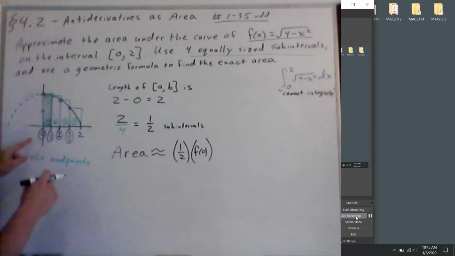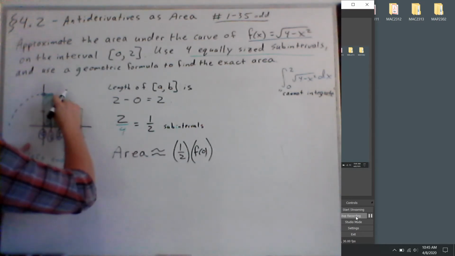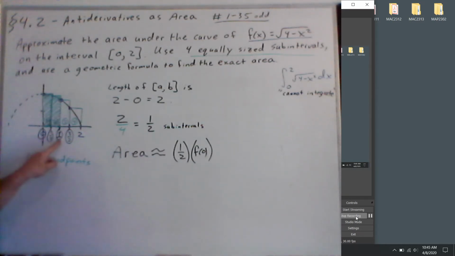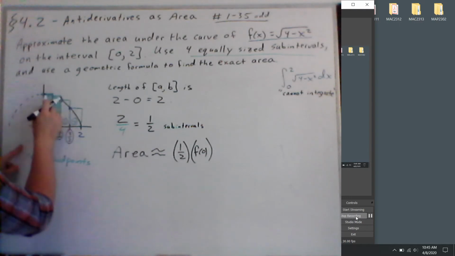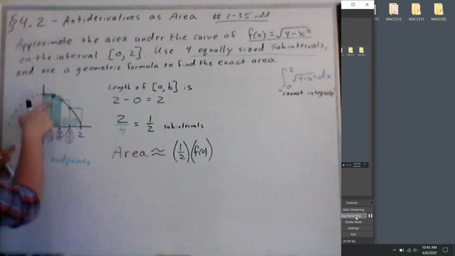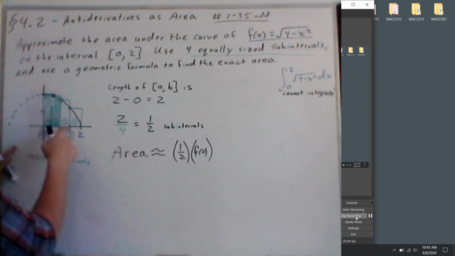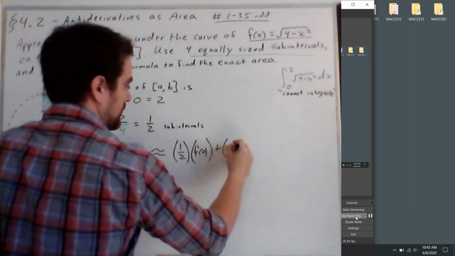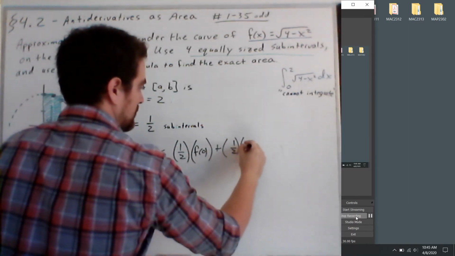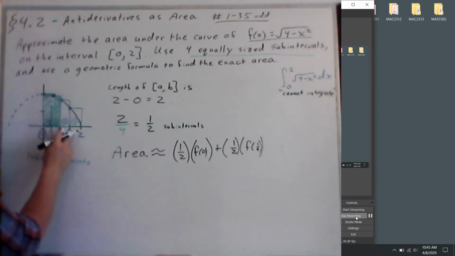Same thing with the next rectangle. I need to know the width. Well, the width is still going to be 1/2, because from 1/2 to 1, the width of that rectangle is 1/2. And now I need to figure out how high that rectangle is. Well, I'm using the left endpoint, so it's got to hit the curve when x is 1/2. So it's still going to be adding on this whole other area that's 1/2 times f of 1/2. Same thing with the third rectangle.